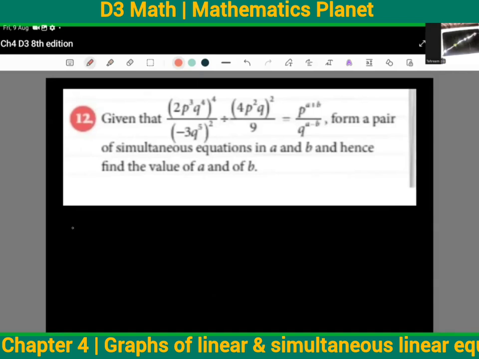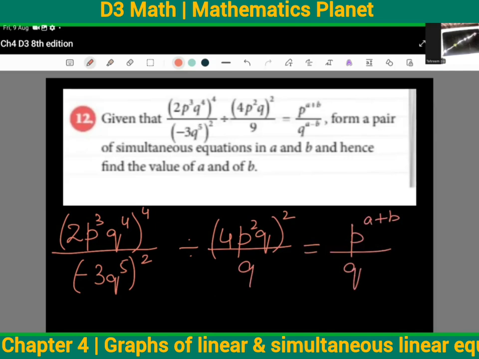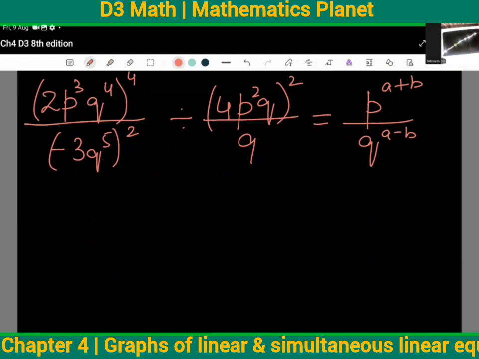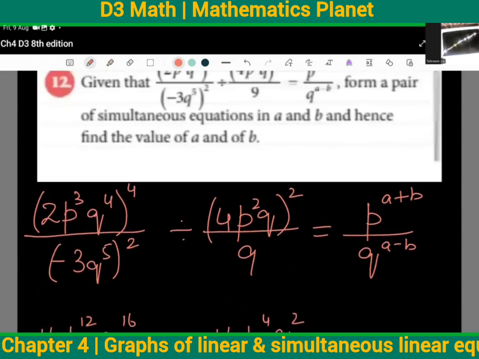So let's move step by step. 2p^3 q to the power 4, divided by 3q^5 squared, equals 4p^2 q squared. 2 to the power 4, 16, p^3 times 4 is 12, q^4 times 4 is 16, 3 squared is 9, q^5 squared is q^10, 4 times 4 is 16, p^2 to the 4, q squared.